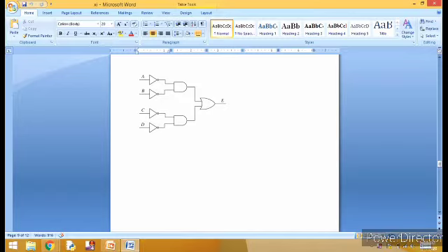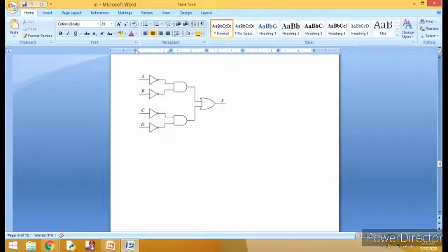In the last class, we discussed the basic Boolean operators and gates. Now we will start from this question: for a given circuit, can we write the output, that is, the expression which will exist after the inputs A, B, C, D are given to this logic circuit?